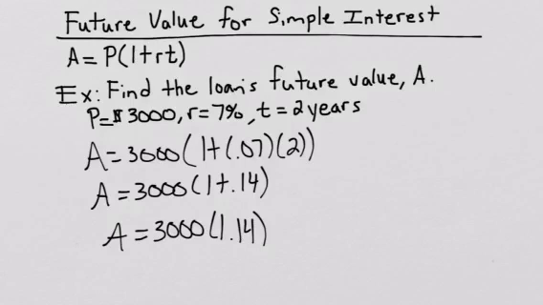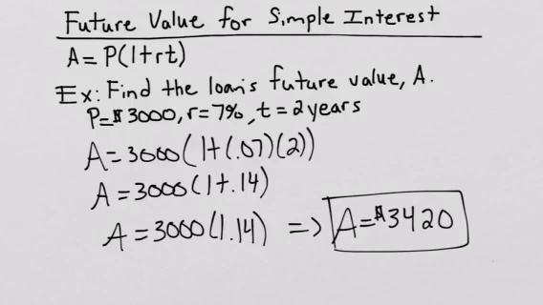And now, if we multiply those together, we get our future value amount equals $3,420. And so if you had to pay this back, not only would you have to pay the $3,000, but you would also have to pay the interest, totaling $3,420.